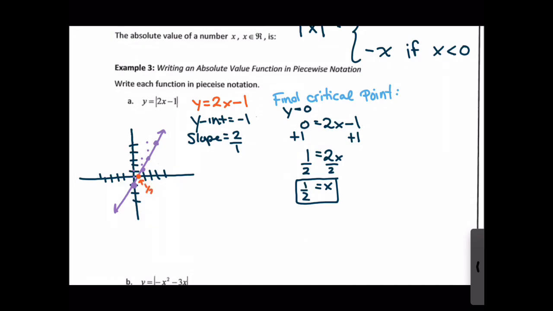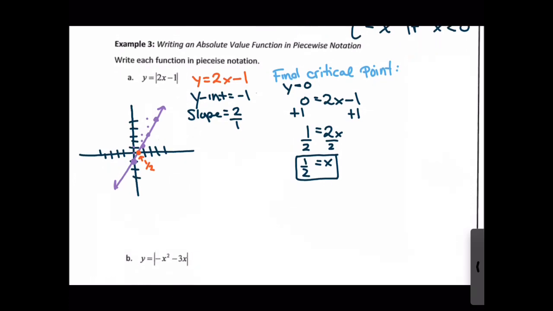I'm just going to put a little arrow there, of where my graph is going to actually turn to become positive. Right now I'm going to show you how to write out the piecewise notation in relevance to my positive and my negative section. So I have 2 sections of this graph now.